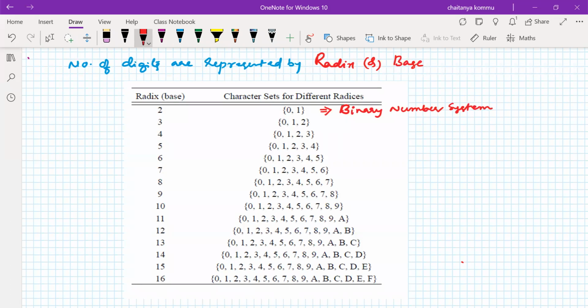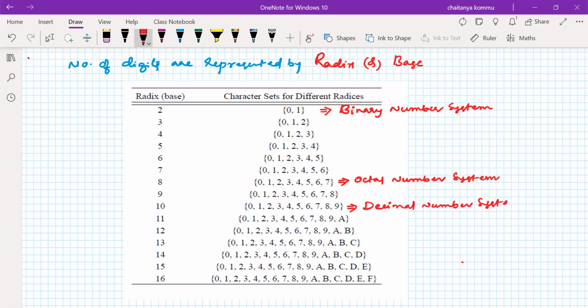And we have also given names for the others. Base 8 is represented as the octal number system. Another very important one is the decimal number system.